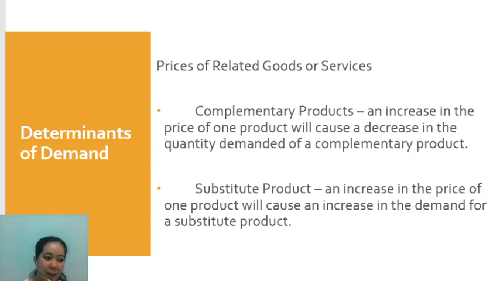An example of this is coffee and bread, or coffee and sugar, or coffee and milk, and the like. If the price of coffee increases, then the coffee will have a decreased demand because of its increase in price, so its complementary product also follows.